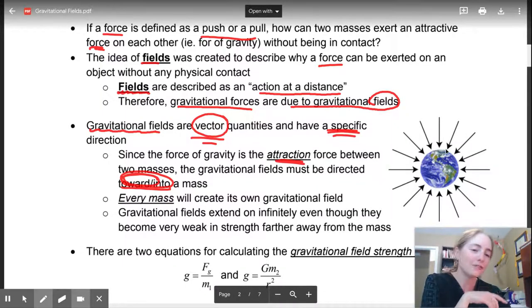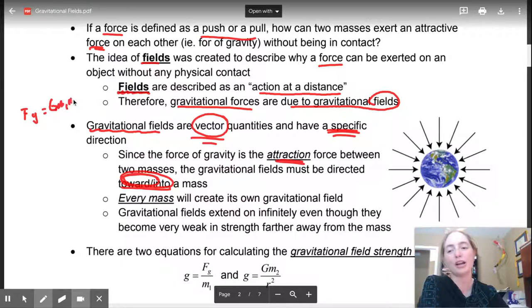Now, notice these field lines here, ladies and gentlemen. The field lines closer to the planet are closer to each other. These field lines up here are farther apart from each other. So remember how when we looked at our Fg is Gm1m2 over r squared, remember this guy? Well, remember that our force of gravity is proportional to the inverse of the square of the radius.